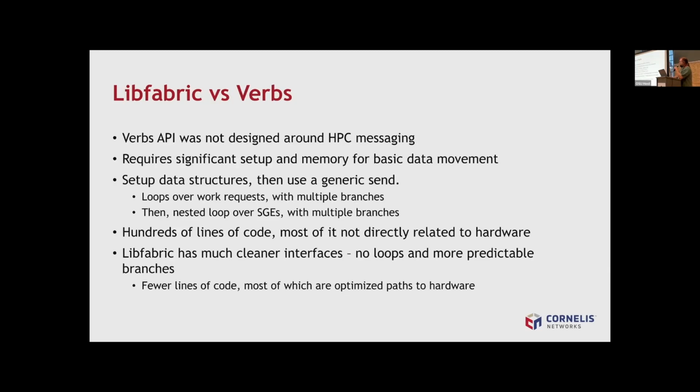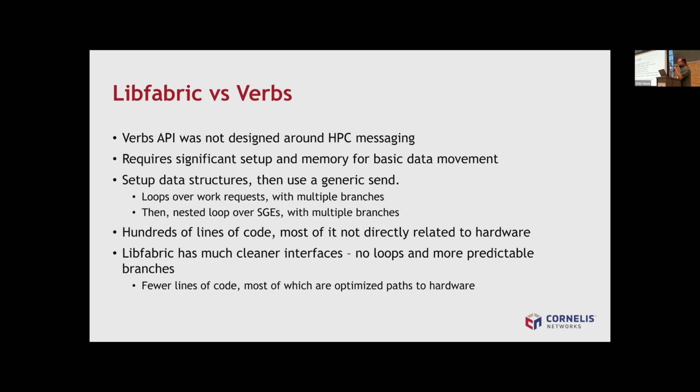So, LibFabric versus Verbs, right? Verbs was really not designed around HPC messaging. Back at the time, IB was really more storage stuff, right? It was not necessarily well targeted for HPC communications. So it requires significant setup and memory for basic data movement.